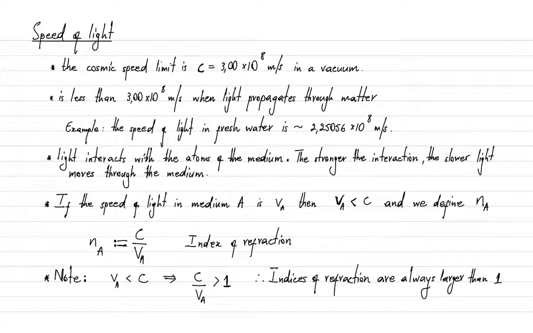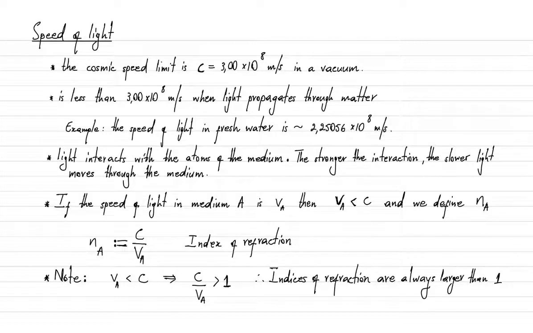Actually, as an example, the speed of light in fresh water is not 3.0 times 10 to the power 8, but rather it's approximately 2.25056 times 10 to the power 8. As I've mentioned before, light travels slower through a medium because it's interacting with the atoms of the material out of which the medium is made.